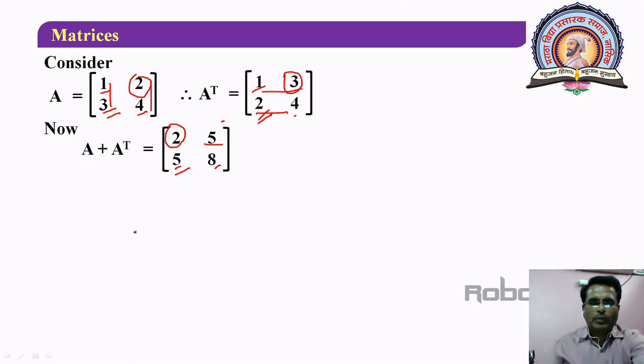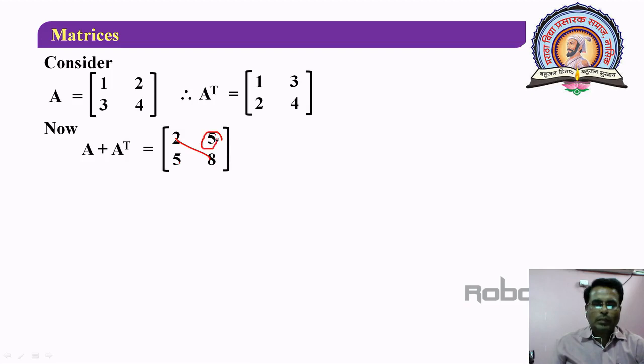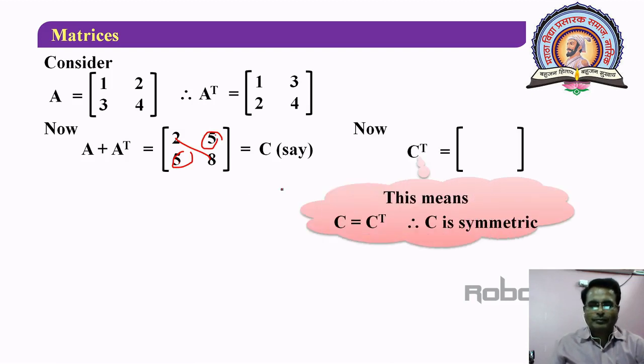So we will observe that A plus A transpose is a matrix such that 5 and 5 come here, this is your diagonal, so elements are placed symmetric about the diagonal, therefore it is symmetric. If we call this C, then what is C transpose? You have to write the row as a column.